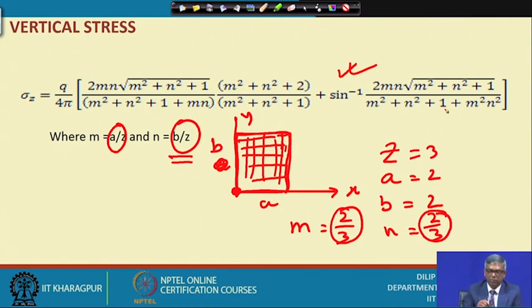Though it is applicable for a corner, this formula in several combinations can be used to apply to different foundation shapes or at different foundation locations. I will show how this will be done in the next slide.